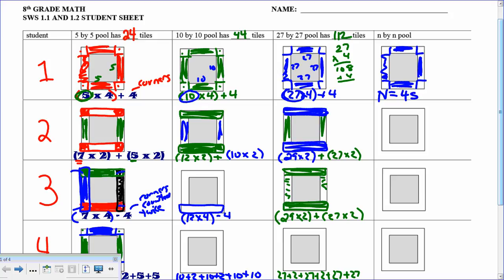So there's your 4 times S, because whatever the side length is, there's 4 of them. And then you got to add 4 in for the corners, which is going to be plus 4. So our equation for that first row is 4S plus 4. S equals your side length, and obviously N will be the number of tiles you need to tile the pool, the edge, the border.